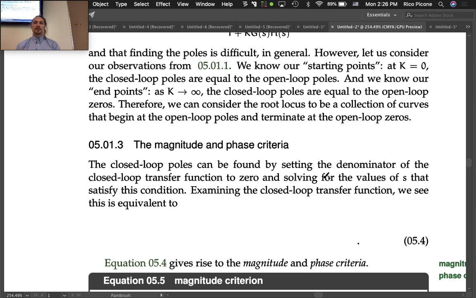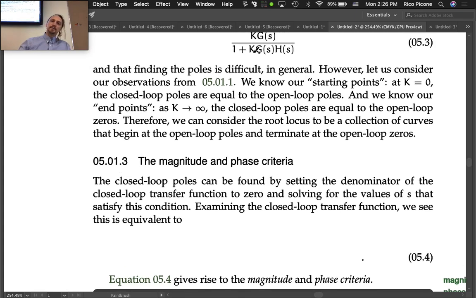Examining the closed loop transfer function, we see this is equivalent to 1 plus k G(s) H(s) equals 0. Setting this denominator equal to 0 is what we always do to find the poles.